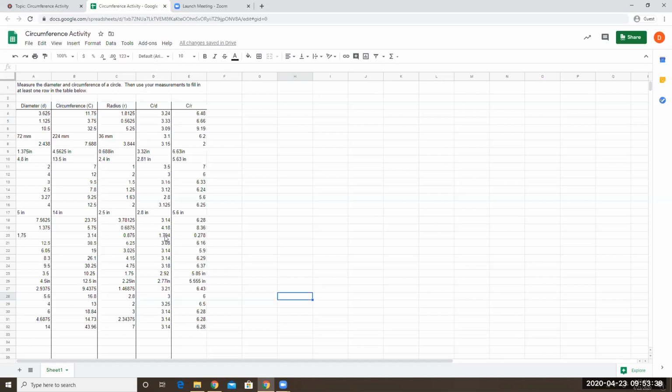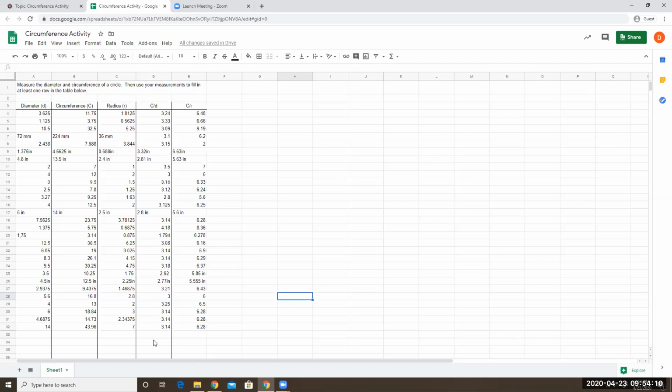I think there were probably some bad measurements here where you maybe weren't quite as careful as you should have been when you were trying to measure. 4.18 is much bigger than it should be. So a couple of these are maybe not so great. But for the most part, we're around 3, somewhere between 3 and 3.25 or whatever. So we're all kind of right in that ballpark.